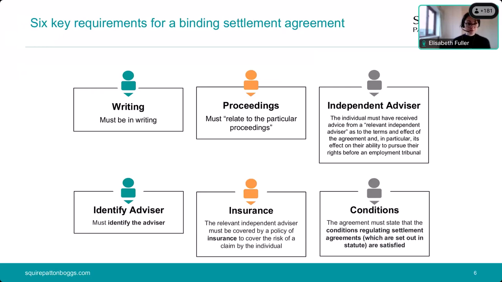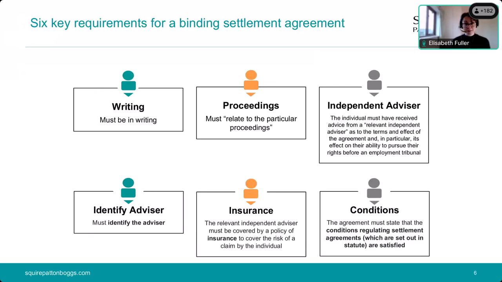So if these 6 requirements, which are set out on the slide there, are met and the relevant boilerplate wording has been included in the settlement agreement, even if it sounds very formulaic, then this will ensure that the settlement agreement is valid. If you don't include the relevant wording and meet the key requirements, then the agreement won't be valid and it could be void. So aside from those 6 key requirements, there isn't a magic formula for a settlement agreement.